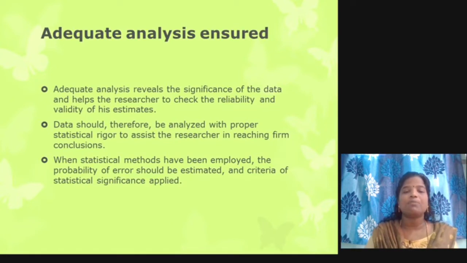When statistical methods have been employed, the probability of error should be estimated and the criteria of statistical significance applied. So, the statistical tools that you are using in your research make your research findings more accurate, more authentic, more objective and specific. So, statistical tools are always good.